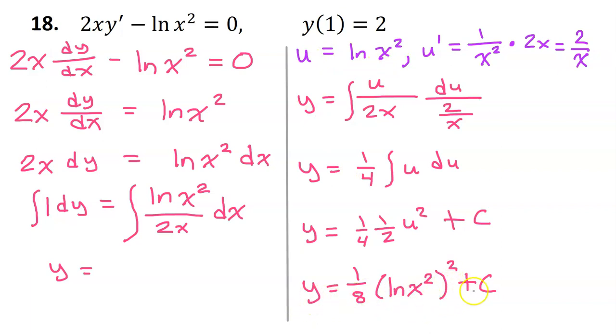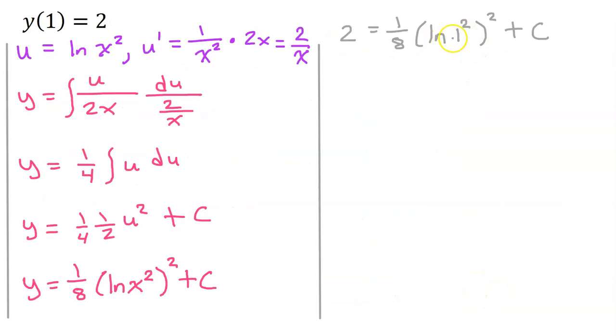This is a general solution to the differential equation, but now we need to find the particular solution by using the initial condition to find the value of c. This initial condition says that when x is 1, y is 2. So let's substitute 1 for x and 2 for y and solve for c.